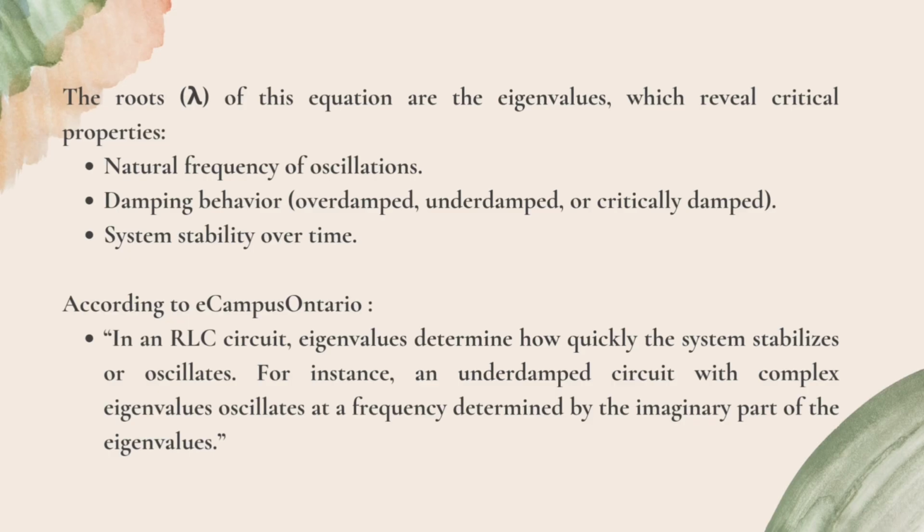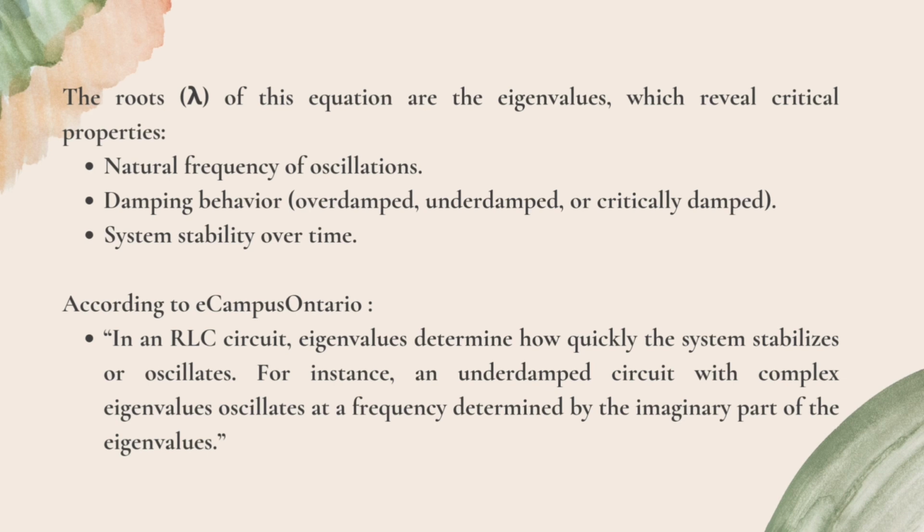Next slide. The roots lambda of this equation are the eigenvalues, which reveal critical properties: natural frequency of oscillation and damping behavior, overdamped, underdamped or critically damped. Last, system stability over time.